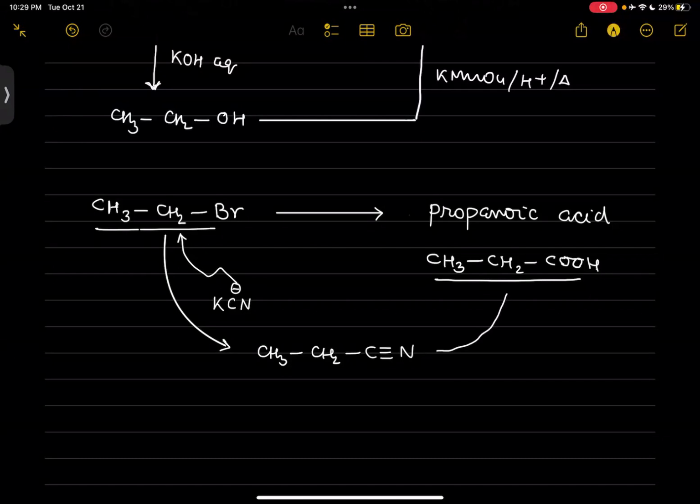And now you can hydrolyze it. Excess of water will break the carbon-nitrogen triple bond to give carboxylic acid. Is it clear or not?